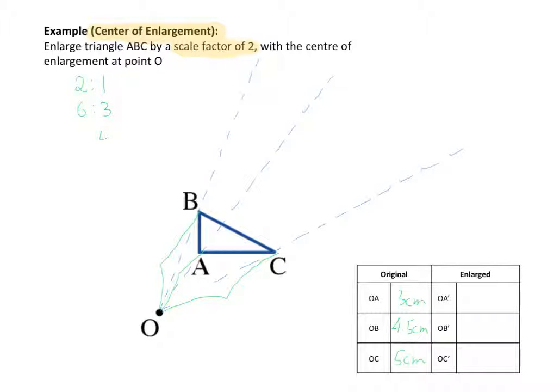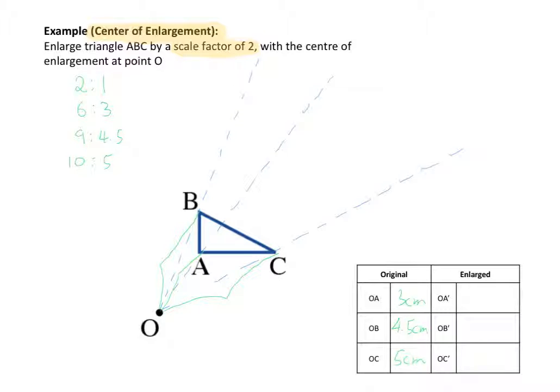Same thing, if my original is 4.5, then timesing it by 2, the length of my new one is going to be 9. And if I'm using 5, then timesing it by 2, the length to draw my new image is going to be 10. So I can go ahead and complete my table, which is going to help me draw my enlarged image.